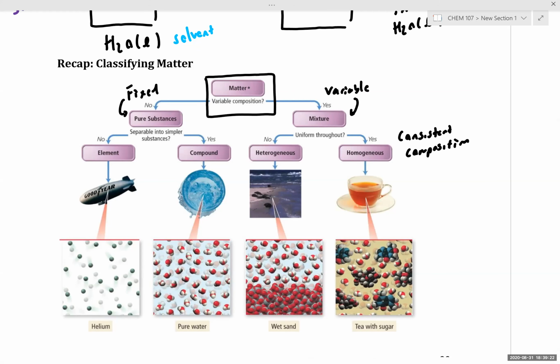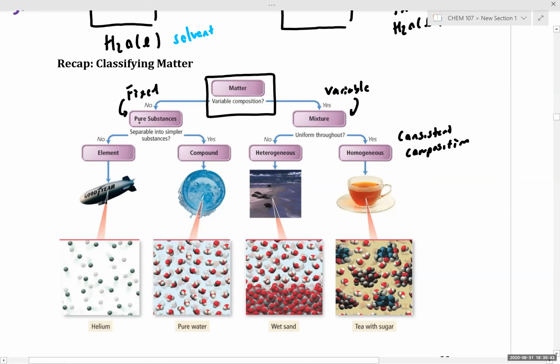For example, if we look at a mixture of sand and water, it's clearly heterogeneous. The sand and the water do not mix to generate a consistent mixture throughout. You can clearly see regions that have sand and regions that have water.